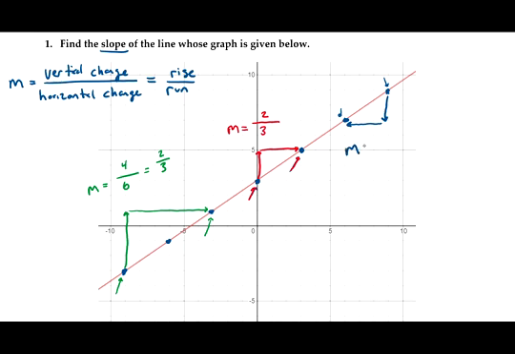The slope would be the vertical change, which is down 2, so negative 2, divided by the horizontal change, which is left 3 units, which would be negative 3. And if we reduce this fraction, the negative signs cancel. So we have, again, 2 over 3. It doesn't matter which 2 points we choose, we get 2/3. It doesn't matter if we go left to right or right to left, we get 2/3. And that's slope. Slope is constant for the line.